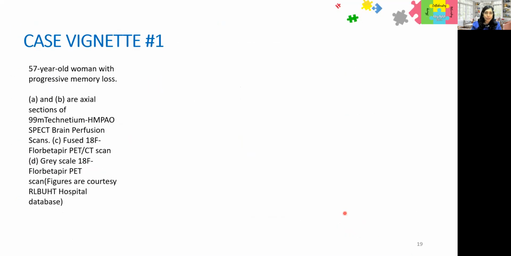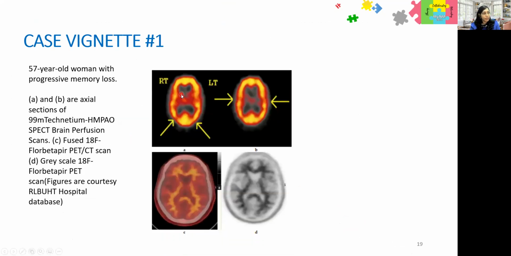Now I would like to share with you some case vignettes of patients that I came across during my fellowship training. A 57-year-old woman with progressive memory loss had SPECT imaging using HMPAO, and fused 18F florbetaben PET scan and grayscale 18F florbetaben PET scan were done for this patient.